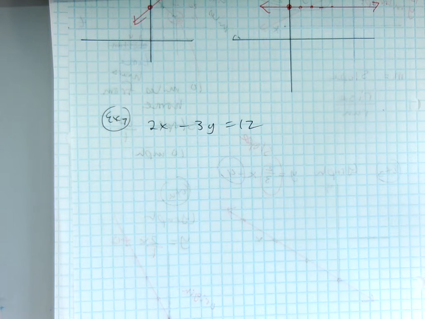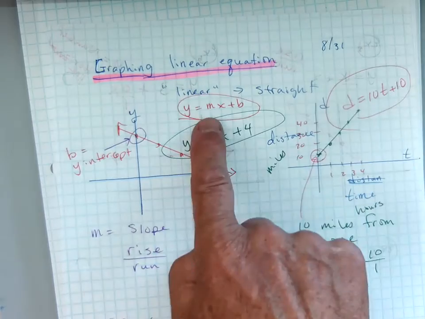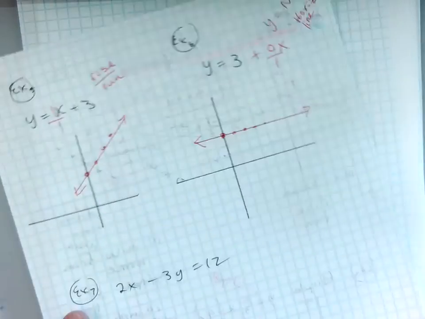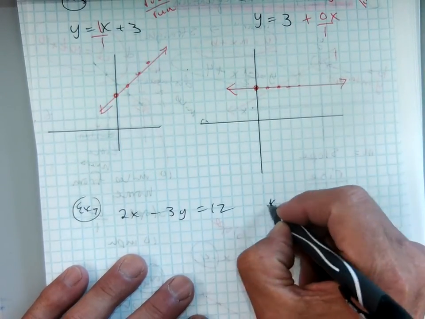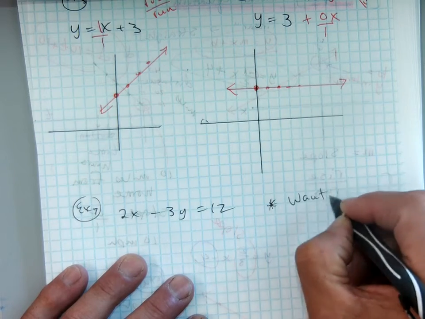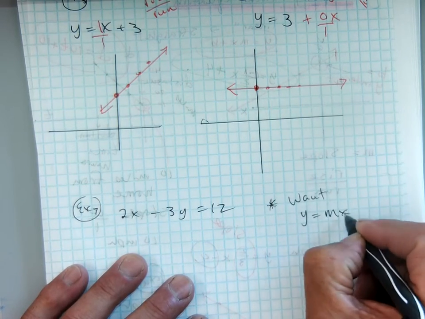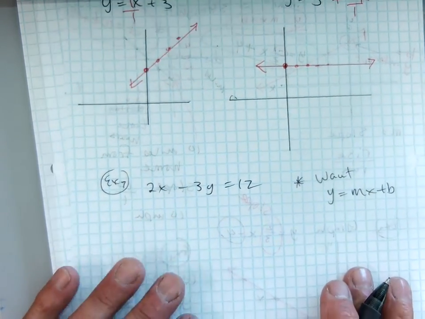Because all of these, we want to put it in the form of y equals mx plus b, okay?